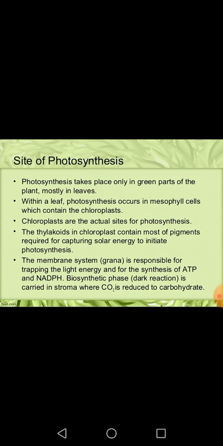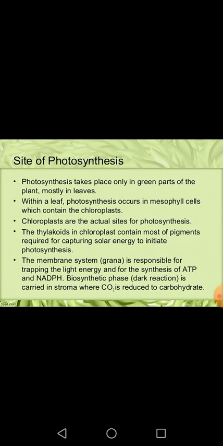Students, photosynthesis takes place only in the green parts of the plants, and as we know, the leaves are mostly green in color, so photosynthesis occurs there. If you observe the structure of a leaf, within a leaf photosynthesis occurs in mesophyll cells.